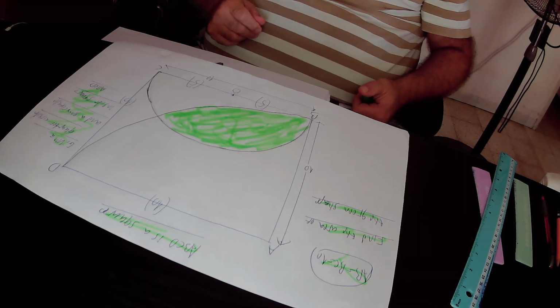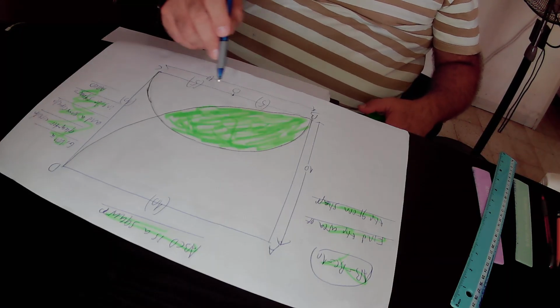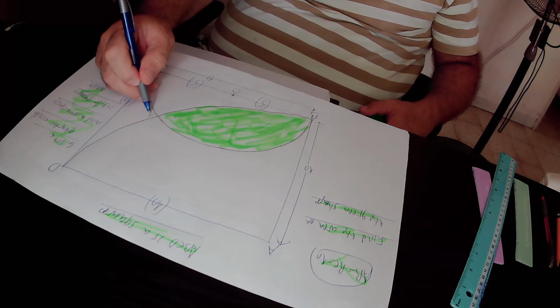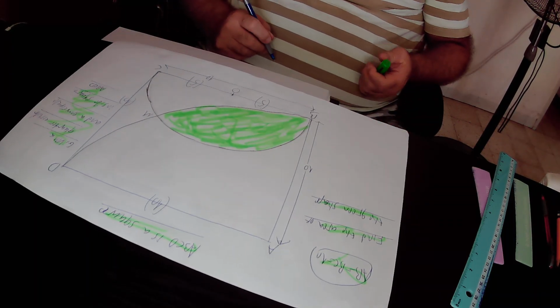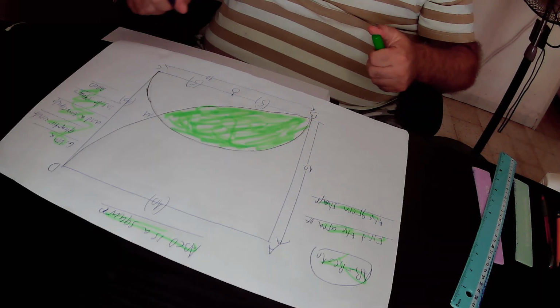In the next step, we will define the intersection point between the quarter circle and the semicircle. This point is point M, and we'll join points A and M together by a straight line.